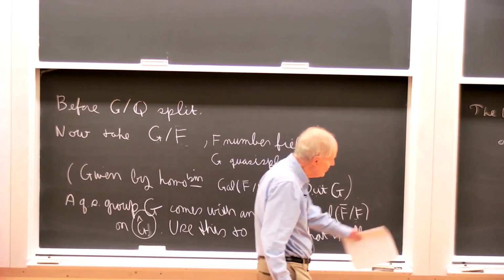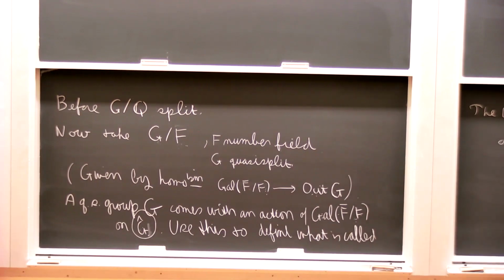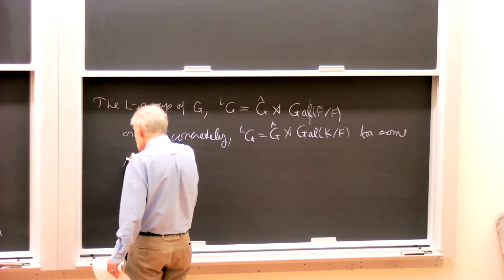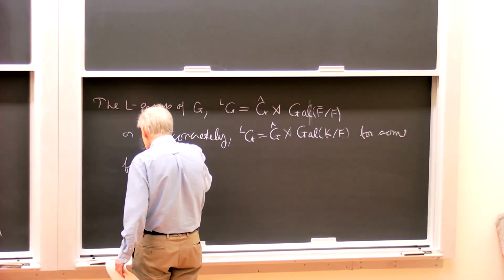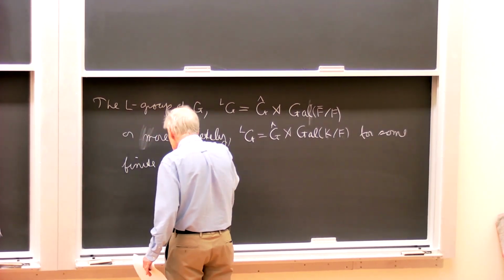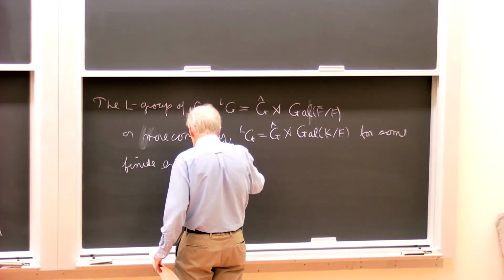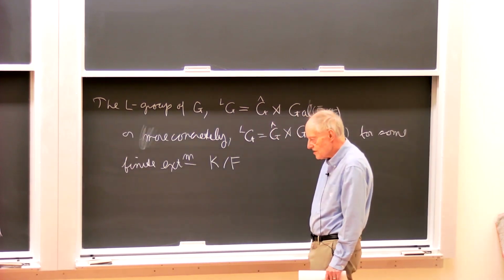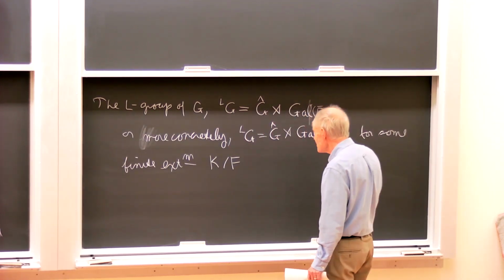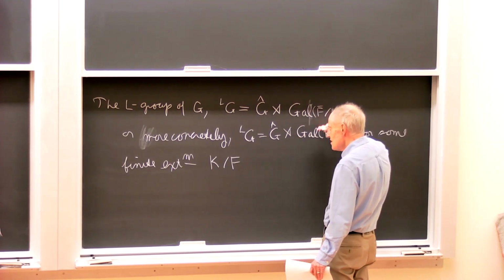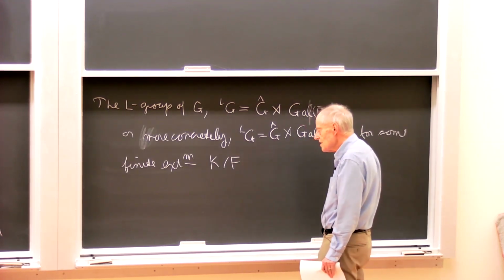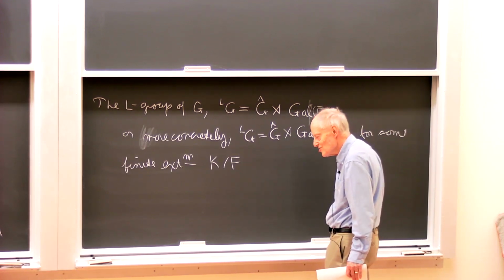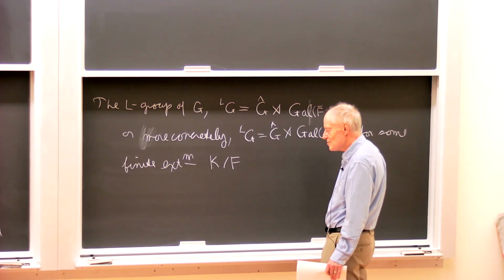But in any case, what Langlands did in his paper was to take some finite field extension K over F. And he left that open. Nowadays you often write it just like this, but Langlands left it open, and he just said K over F is sufficiently large, a little bit misleading terminology.